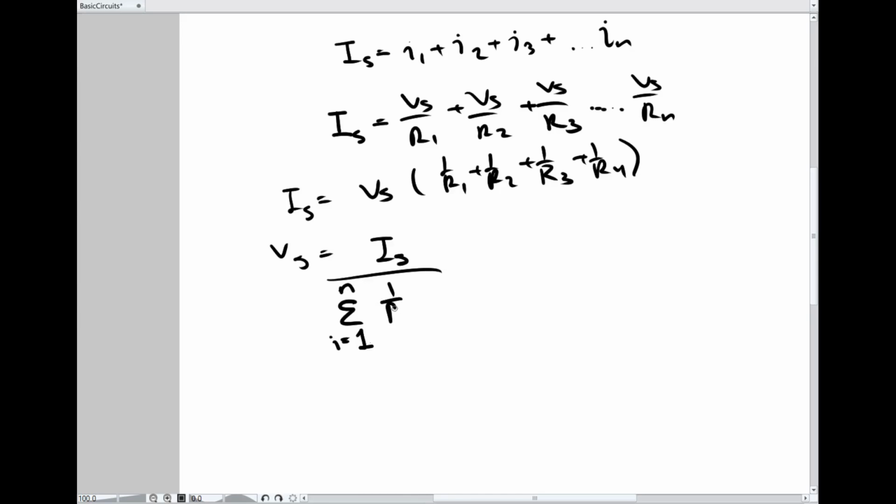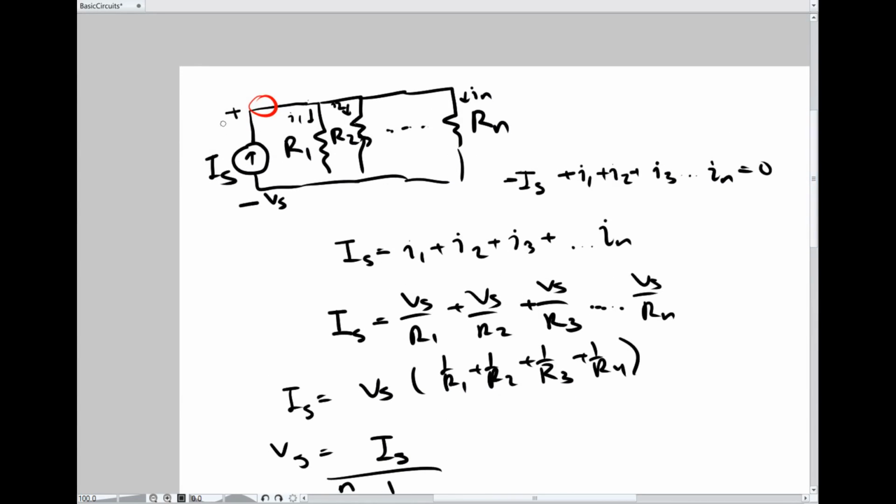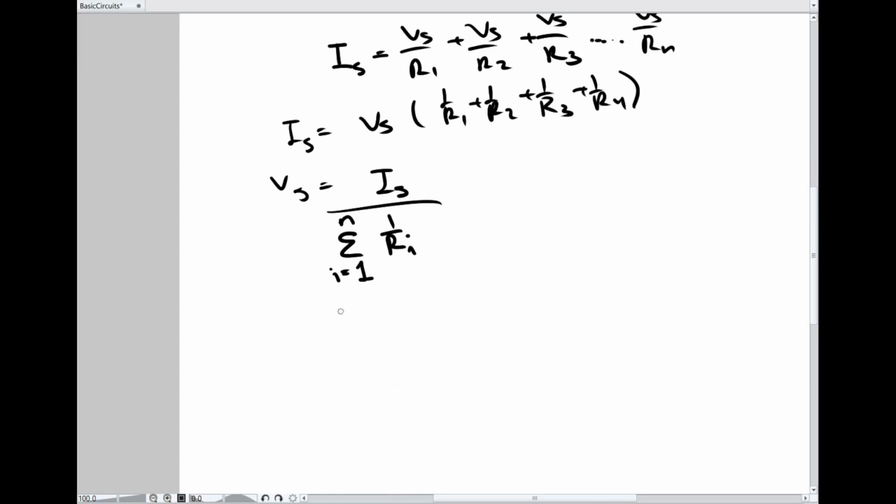So 1 over Ri. If I want to find the current going through just one of these resistors, just I1 or just I2, for example, I1 is just the voltage across it, which is Vs, divided by R1. Sorry, I forgot my subscript.